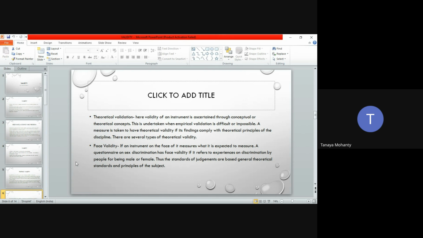One is face validity: if an instrument on the face of it measures what it is expected to measure. Say, for example, a questionnaire on sex discrimination has face validity if it refers to experiences of discrimination by people for being male or female. Thus, the standards of judgment are based on general theoretical standards and principles of the subject.